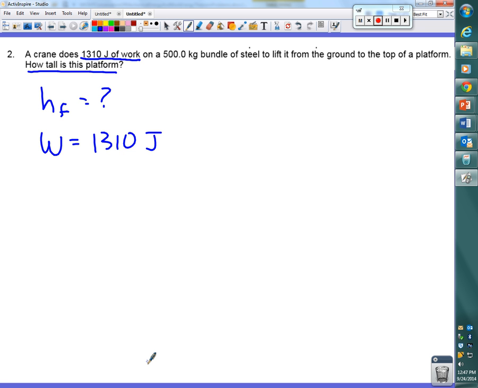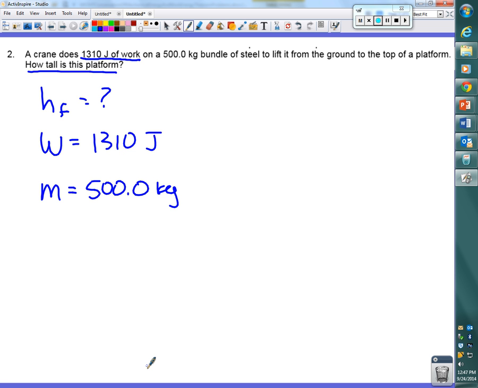So we got to have the same unit because it really is energy that's moving from one place to the other, okay? The next obvious thing that it tells us is the mass of the bundle of steel, 500 kilograms. So those are the two obvious things.